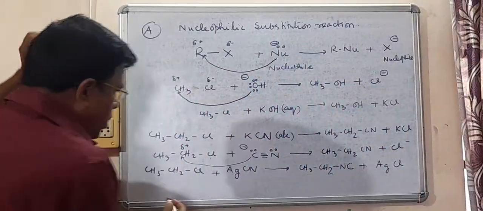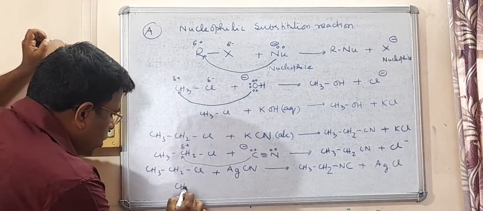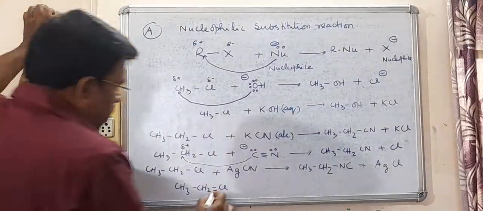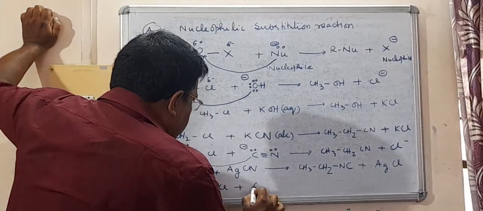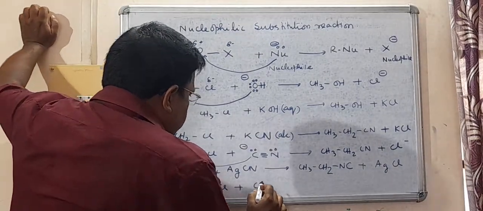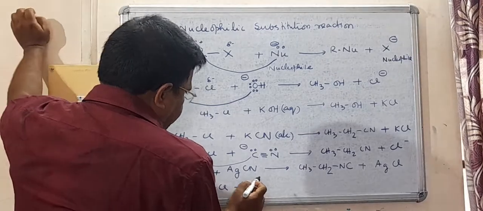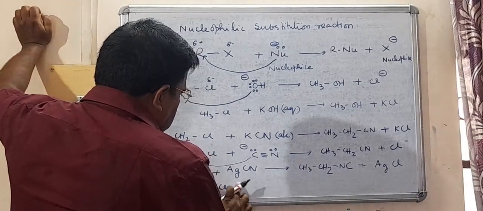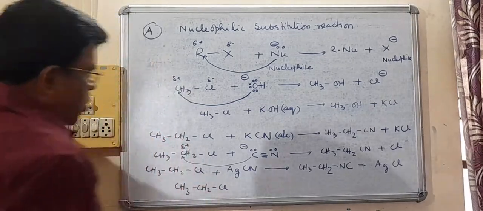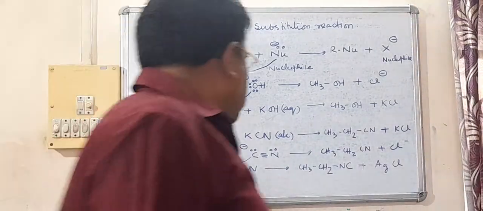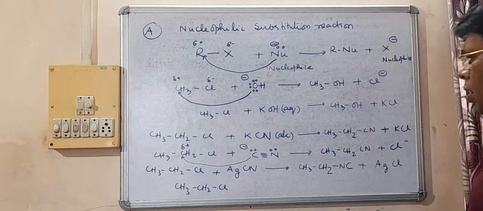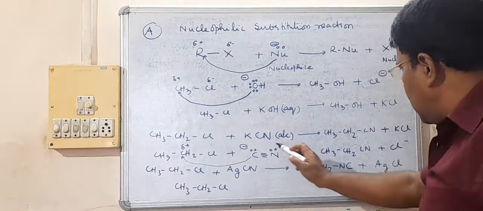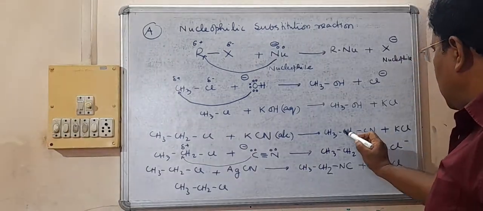Or this can be written in this way also: CH3CH2Cl plus... okay, now I'm not writing like this. So we need to explain why with KCN we get this compound.